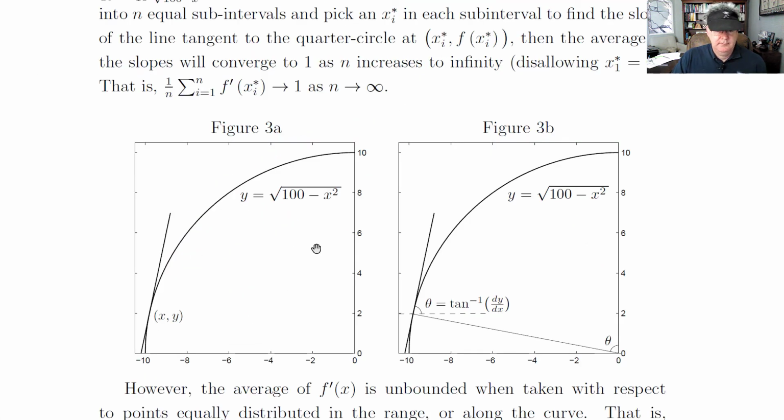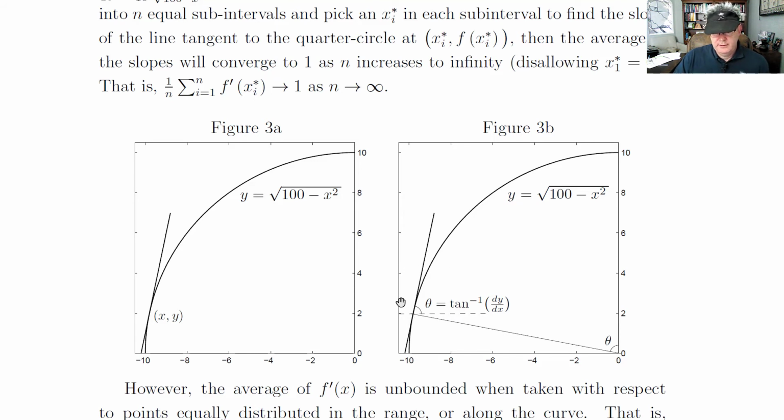So here, this circle is actually radius 10, but at every point, the average slope is going to diverge for points equally spaced with respect to x or y. But if I look at the angle, the slope goes to infinity, but the angle goes to pi over 2, or 0. So it'll definitely converge.